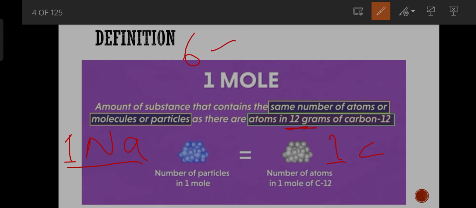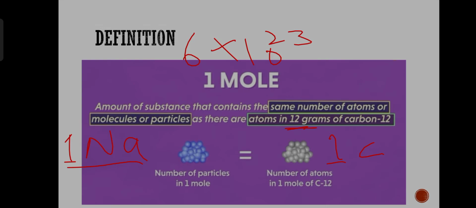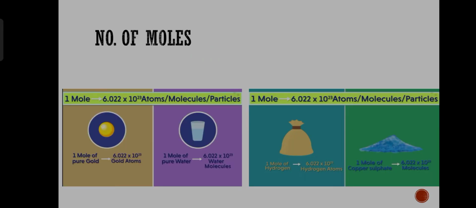It is 6 multiplied by 10 raised to power 23. Clear? So the number of particles, number of atoms, or number of molecules in any substance is the same as there are in 12 grams of carbon 12, right?